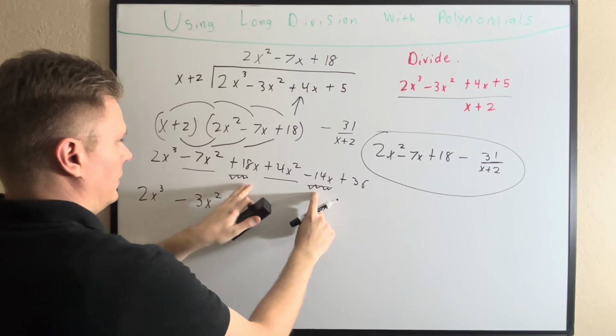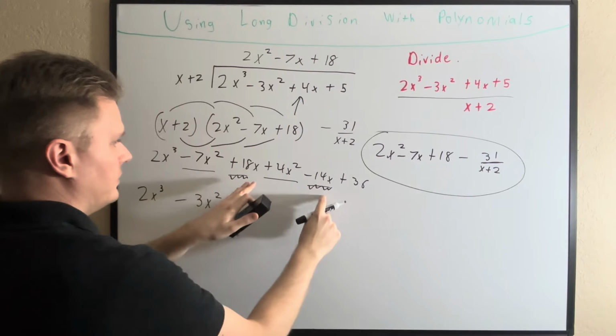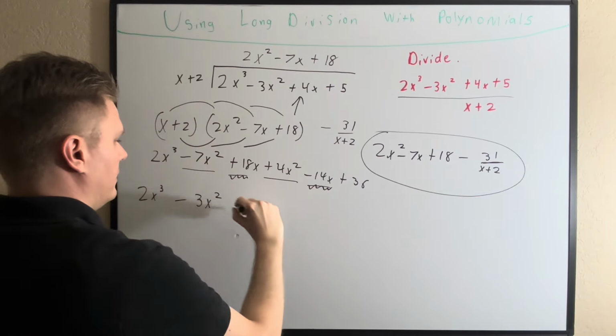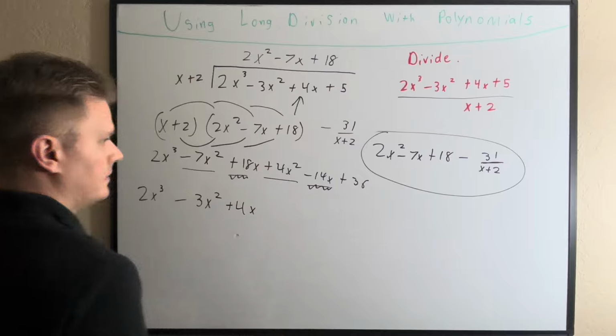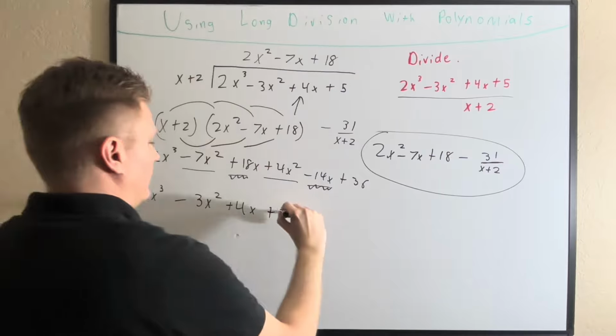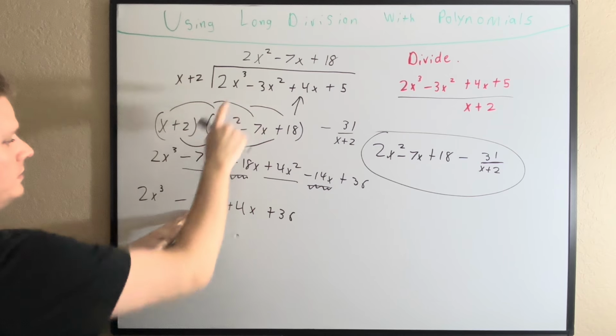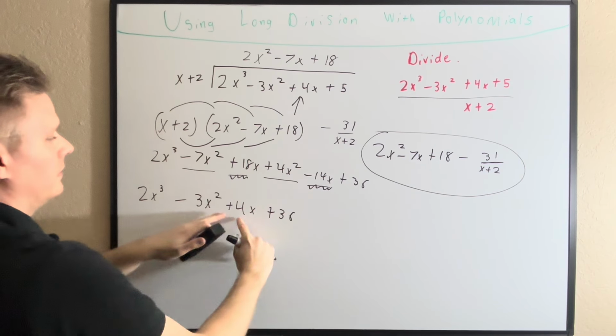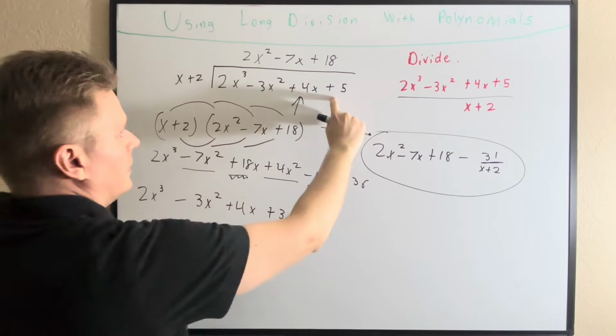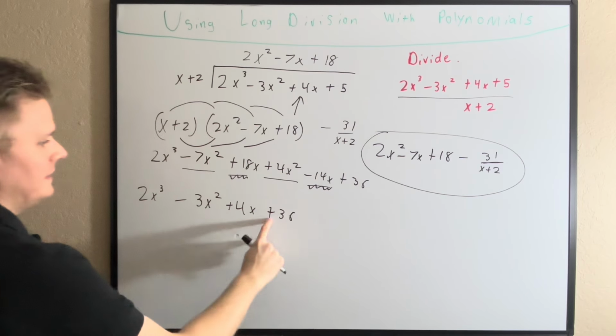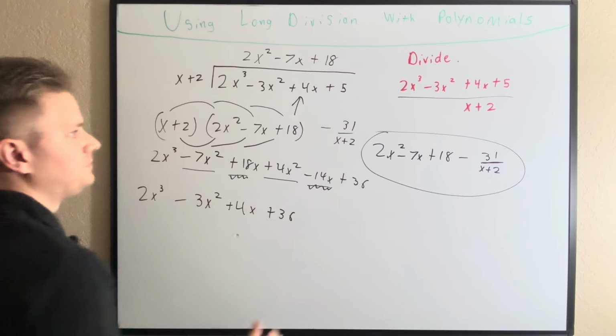And then 18x minus 14x is positive 4x plus 36. Well, so far so good. 2x cubed minus 3x squared plus 4x plus 5. What? No, it's plus 36.